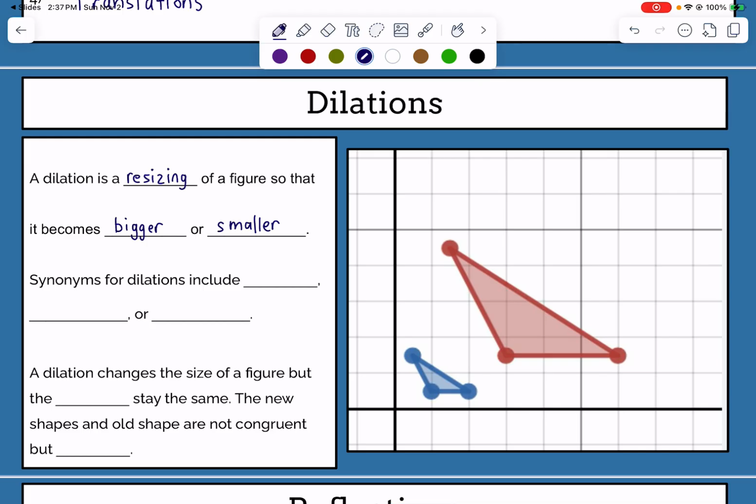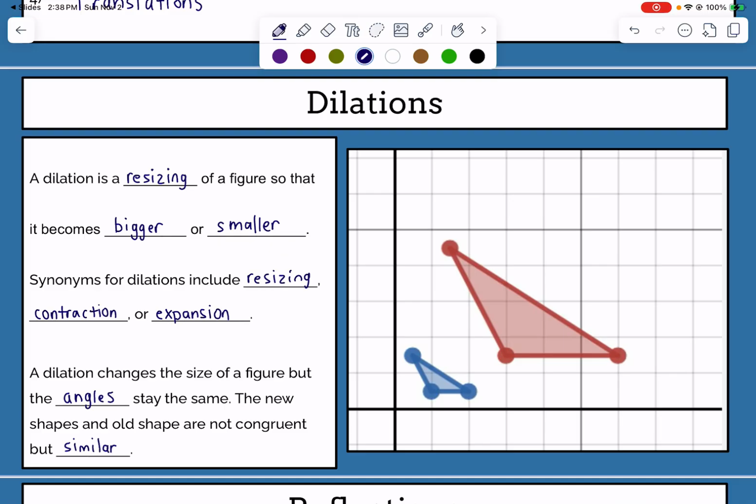Synonyms for dilations include, again, resizing, which I said up above, contraction, and that's typically when it becomes smaller, or expansion, and that's when it becomes bigger, typically. A dilation changes the size of the figure, but the angles stay the same. The new shapes and old shapes are not congruent, but similar.